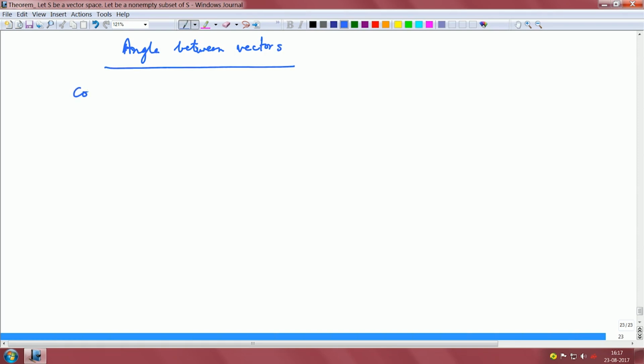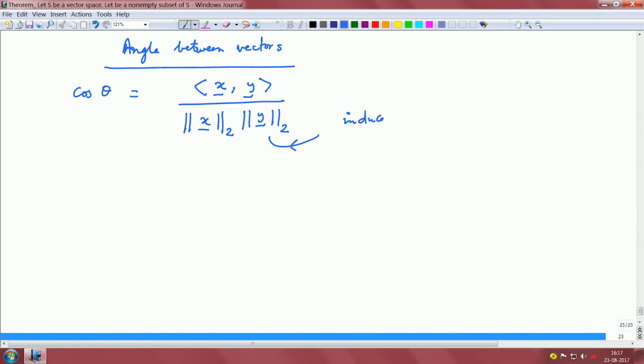Now the cosine of the angle between vectors is basically the inner product of x with y divided by the L2 norm of x and the L2 norm of y, and these are basically the induced norm.